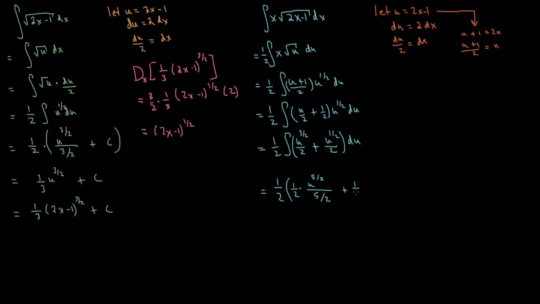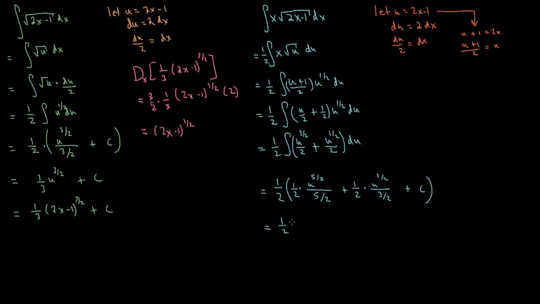I'm going to write that 1/2 out front like so. u to the 1/2 power, raise it by 1, that's the 3/2 power, and then divide by that new exponent, plus c, and there we go. So just a little bit of cleaning up to do. We have a 1/2 out front.